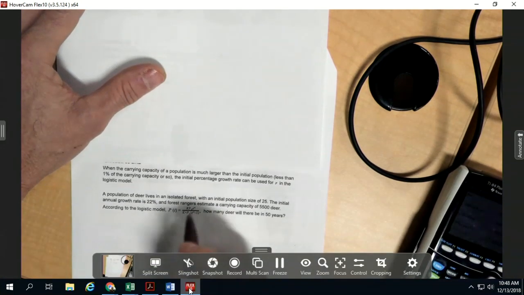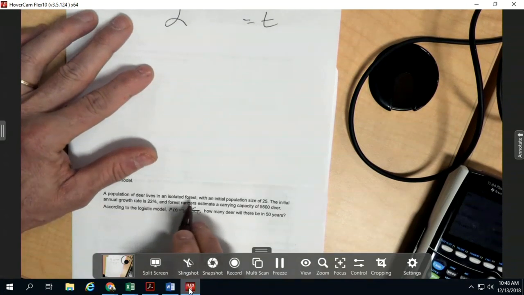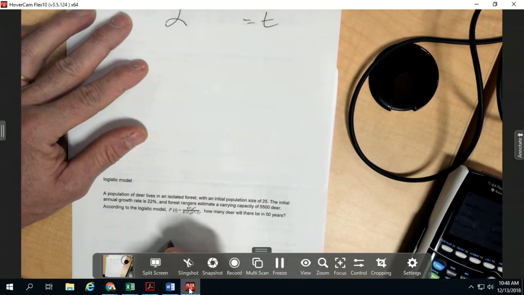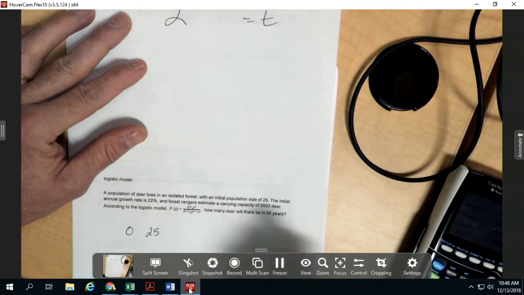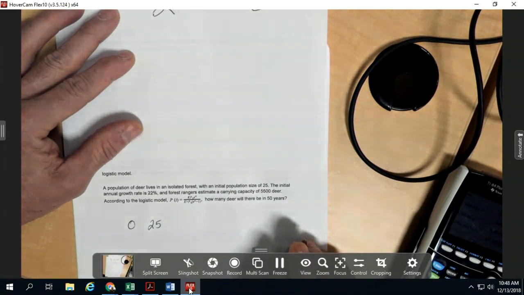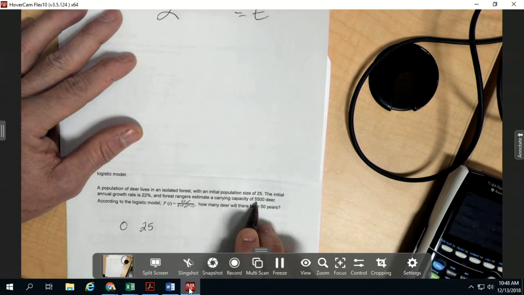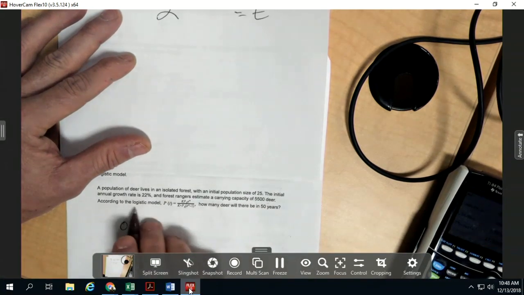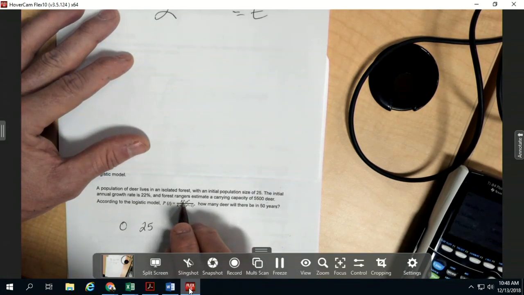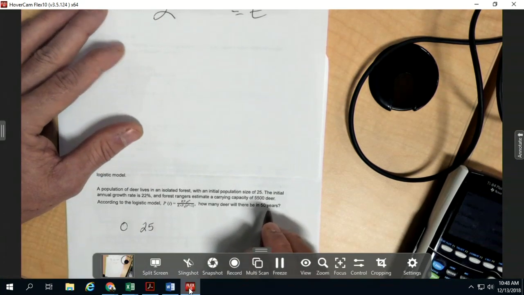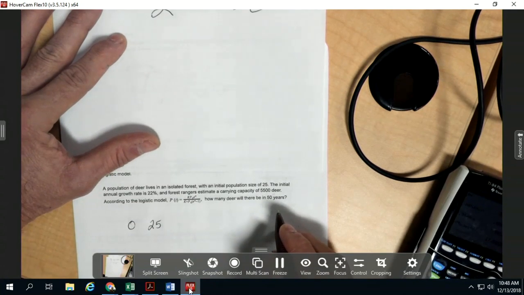A population of deer lives in an isolated forest with an initial population of size 25, so P at time 0 is 25, and an estimated carrying capacity of 5,500 deer. According to the logistic model, P of T equals K P0 e to the RT over K plus P0 e to the RT minus 1. How many deer will there be in 50 years?